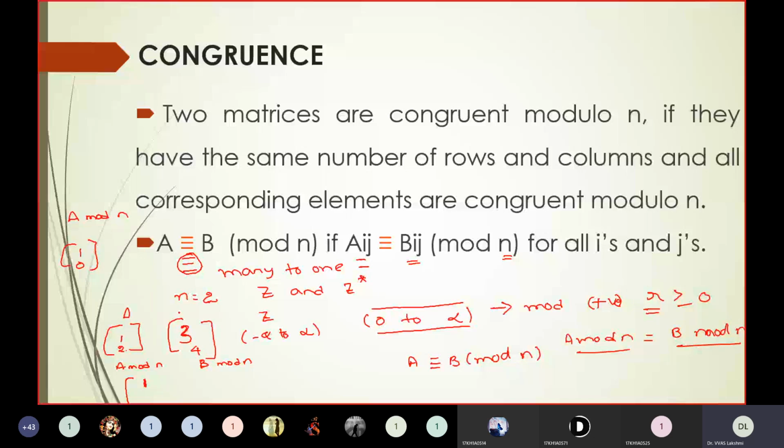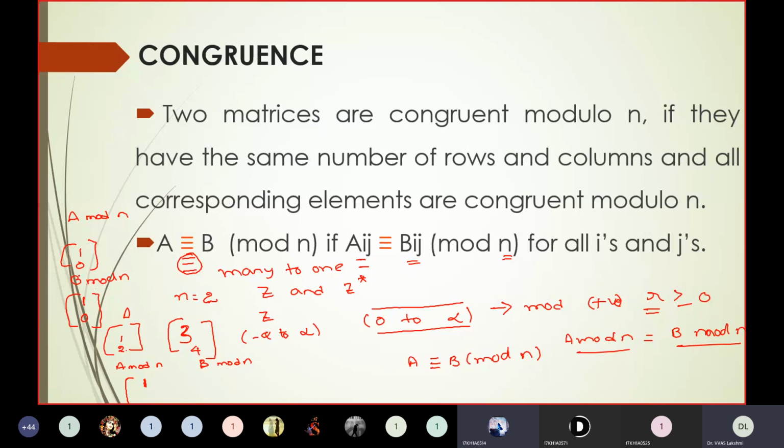In the same way, we perform the mod operation on matrix B also. So what are the values? B mod n. 3 is divided by 2. What is the remainder? 2 ones are 2, so 1 is the remainder. 4 is divided by 2. The remainder is 0.